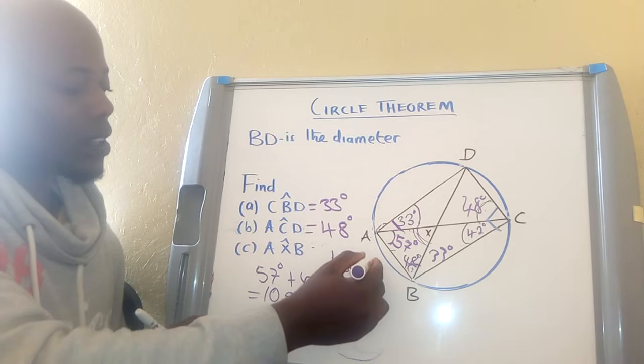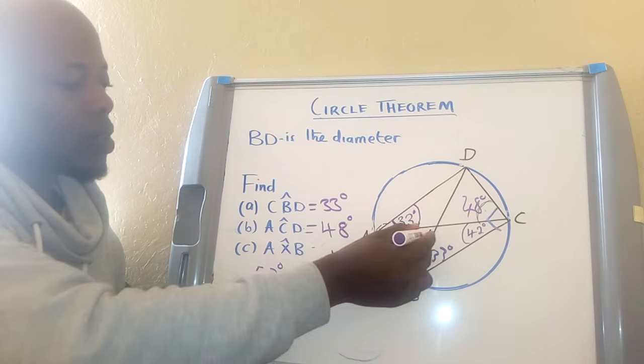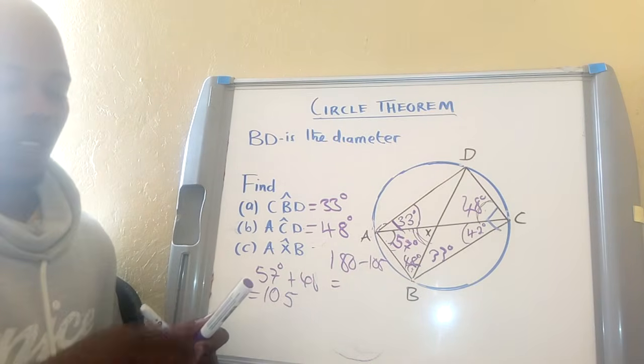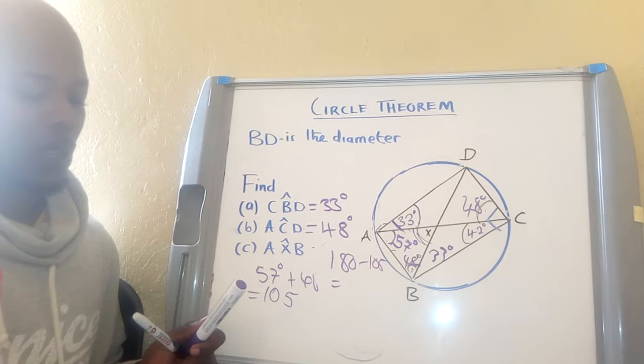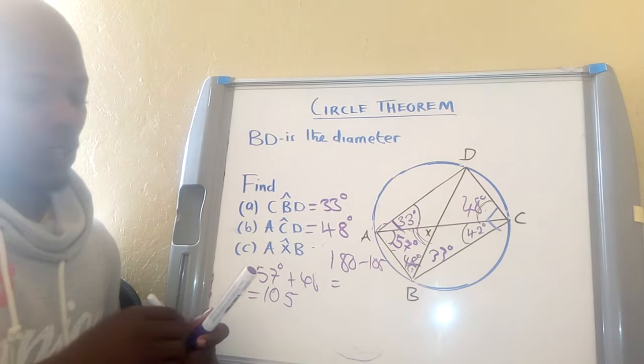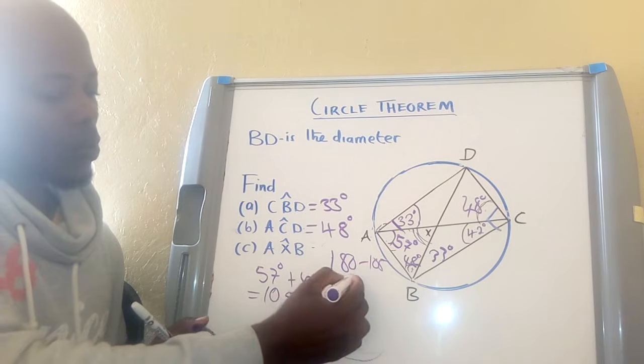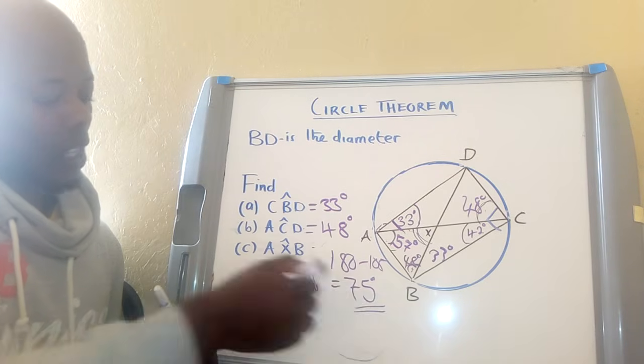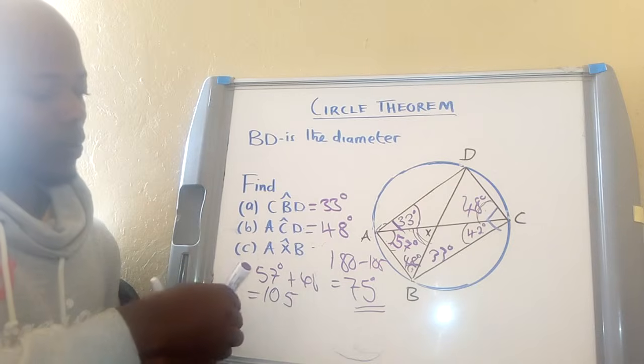We say 180 minus 105. It will give us the angle which is here. So what value are we getting there? When you do such a thing, we are getting our value to be equal to 75 degrees. So this is 75.